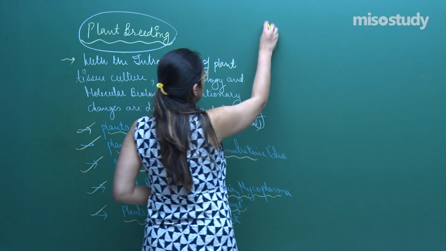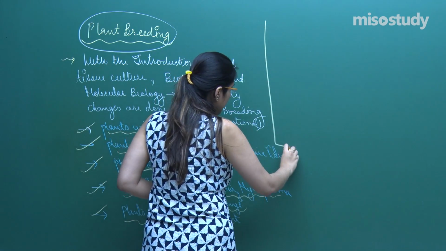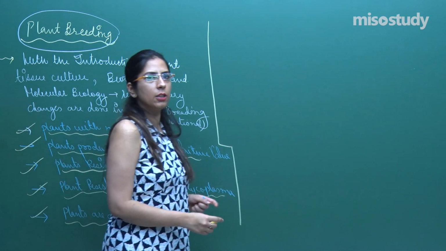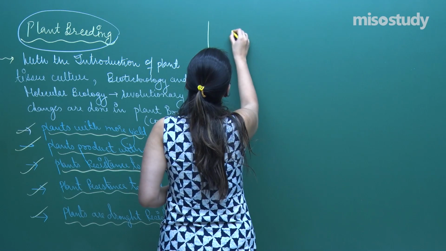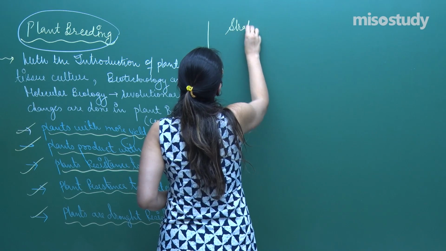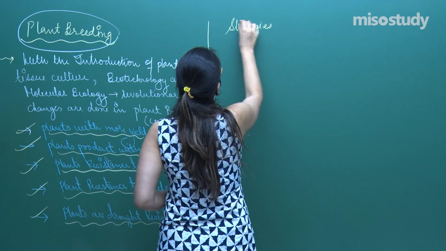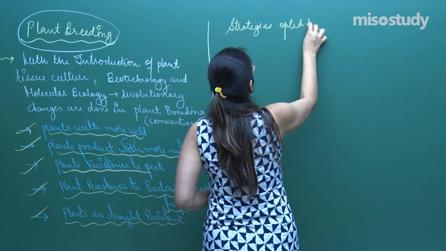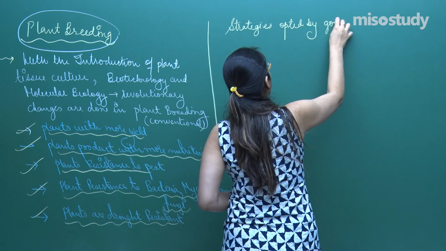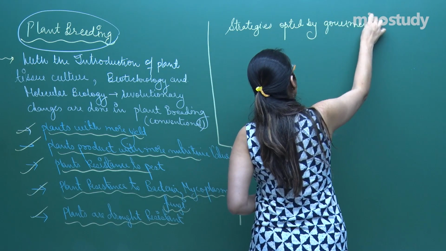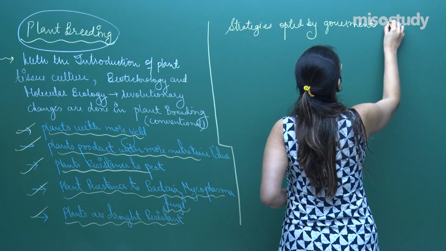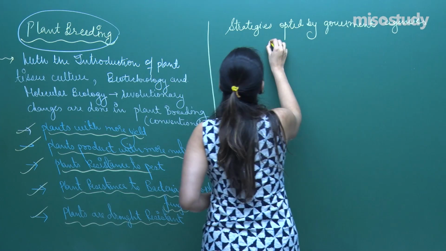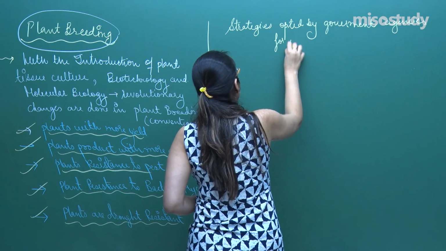Now come to this side. Let's discuss the different strategies which are opted by the government agencies in terms of plant breeding. Strategies opted by government agencies for plant breeding.